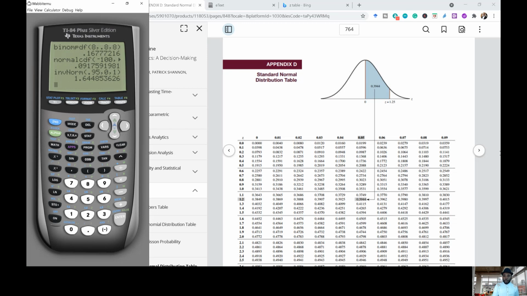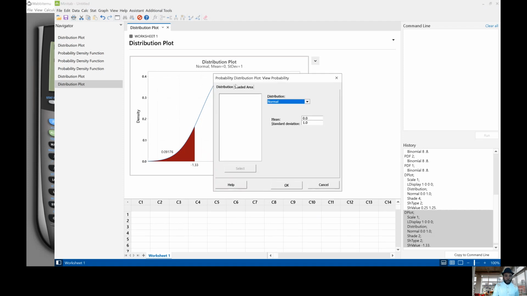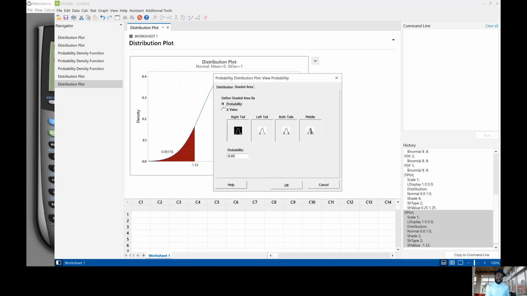So let's bring back our board. Let's verify that from Minitab. We have 1.645. In Minitab, I'll click on my last operation. That brings up the shaded area dialog. Left tail, and this time around, we're going to change this to probability. So we're given the area, we want to find the z value.